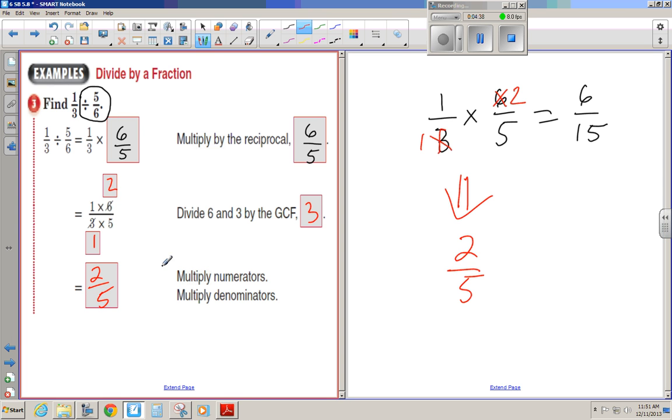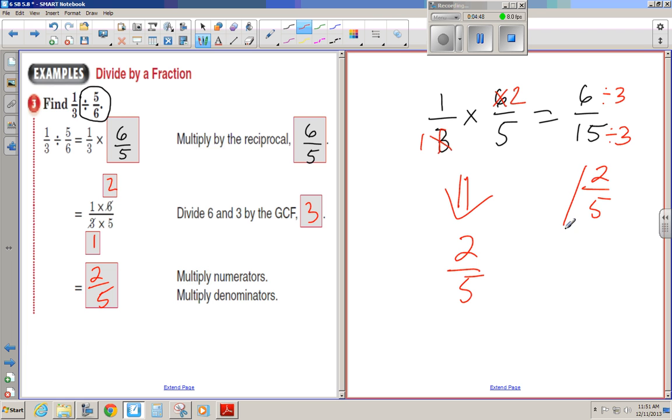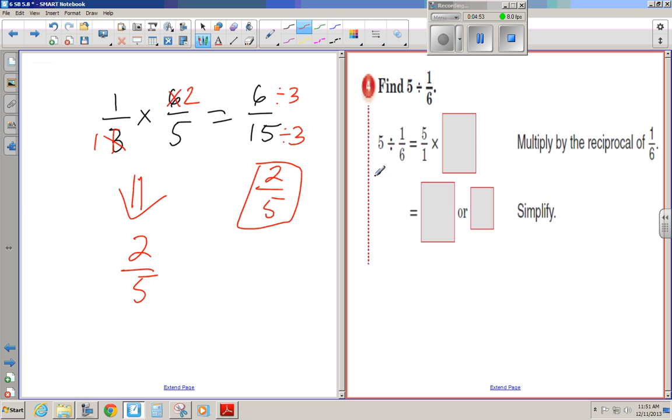If you don't like that way, or if that confuses you, you really should practice it, but you could go ahead and just divide each number here by 3 to get the 2/5 that we're looking for. Here's another example. This time we have a whole number. Whole numbers, remember, can be written as 5/1.